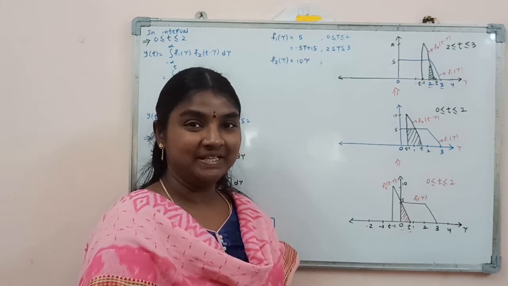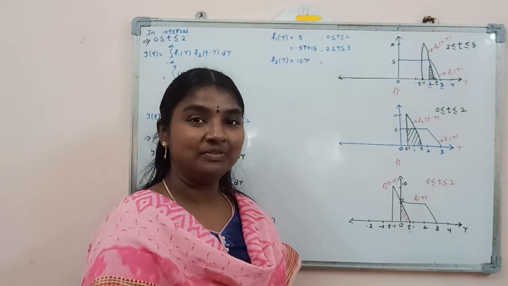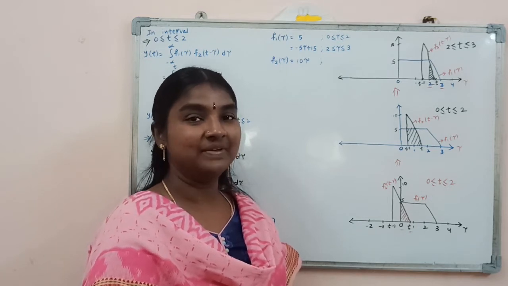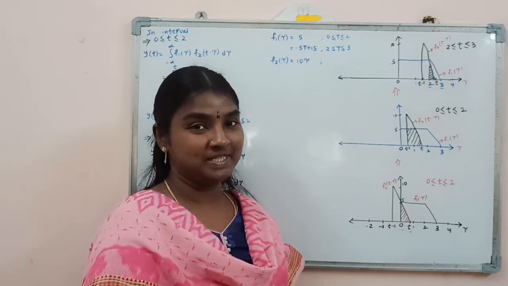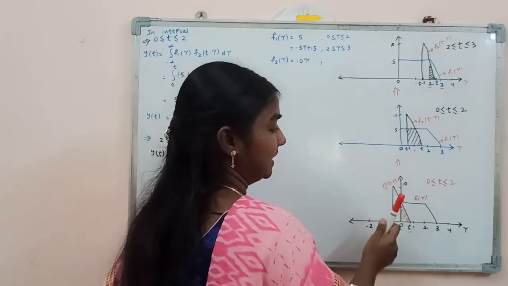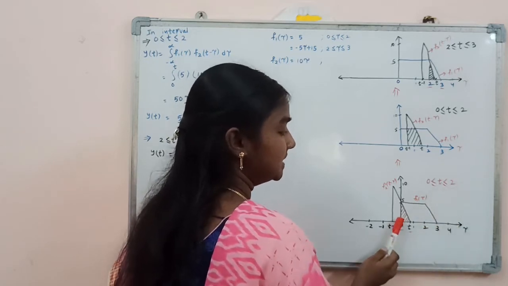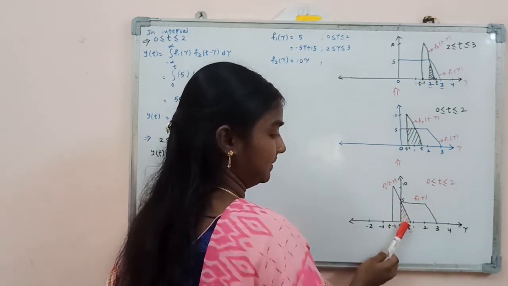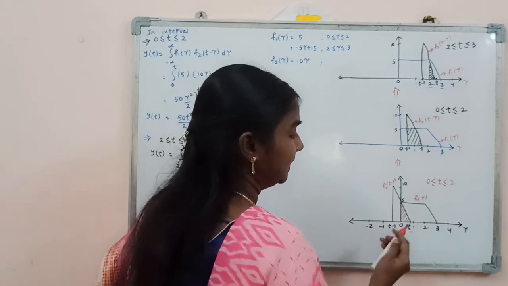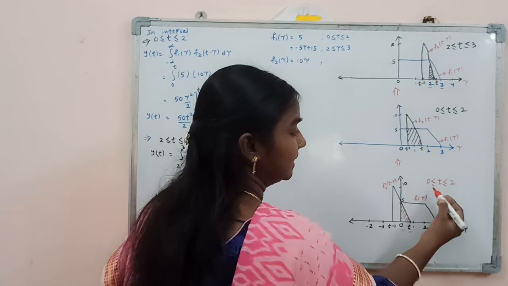Now at different intervals of time, by shifting the second signal f2 of t minus tau towards the right side, we are going to find the output signal y of t. If we shift f2 of t minus tau towards the right side in the interval from 0 to 2, this is the overlapping period we may observe. So the overlapping time period is from 0 to t in the interval 0 to 2.